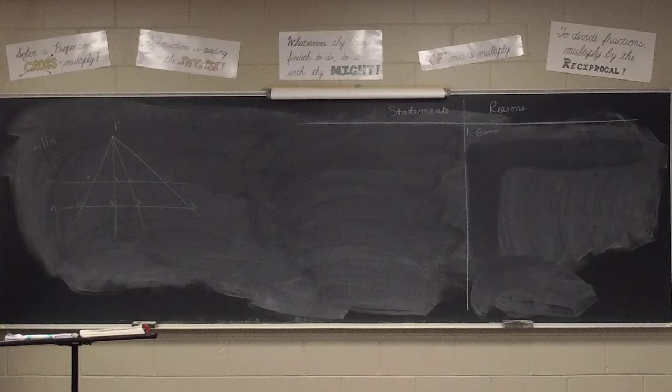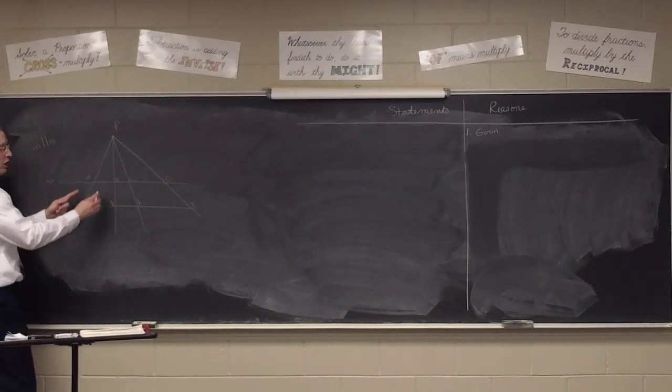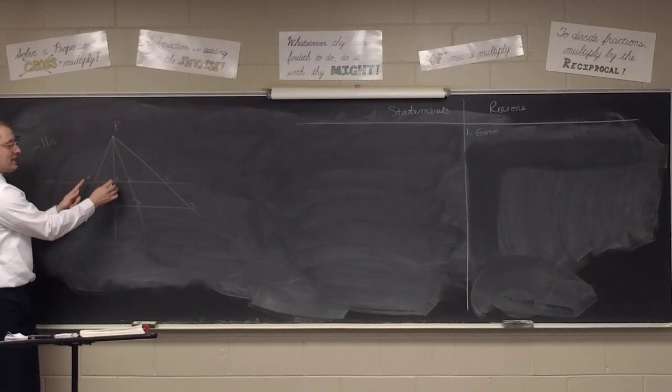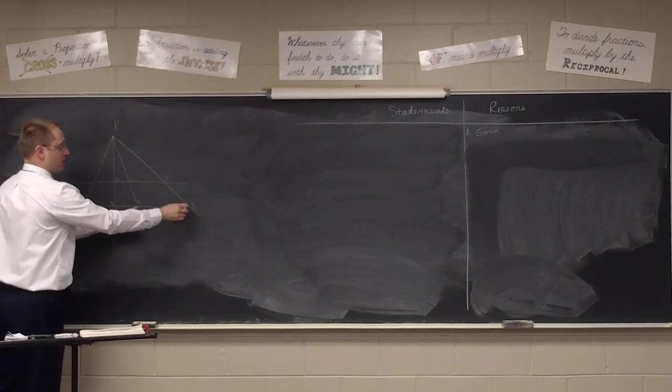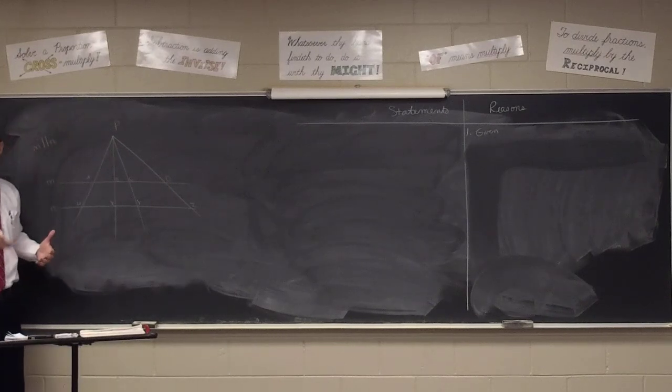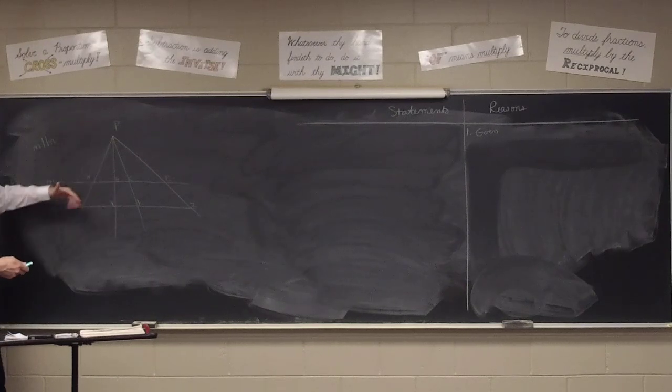We want to prove that the corresponding segments of the parallels are proportional, so that this piece is to its matching piece, as this piece is to this piece, and so on and so forth, right? Kind of like what we did when you had lots of parallels and just 2 transversals. Now you've got 2 parallels, lots of transversals.